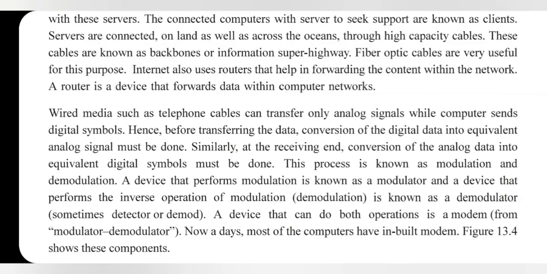So when you want to send the data, you have to convert your digital data into analog form. This process is known as modulation, and the device that does the modulation is known as a modulator.